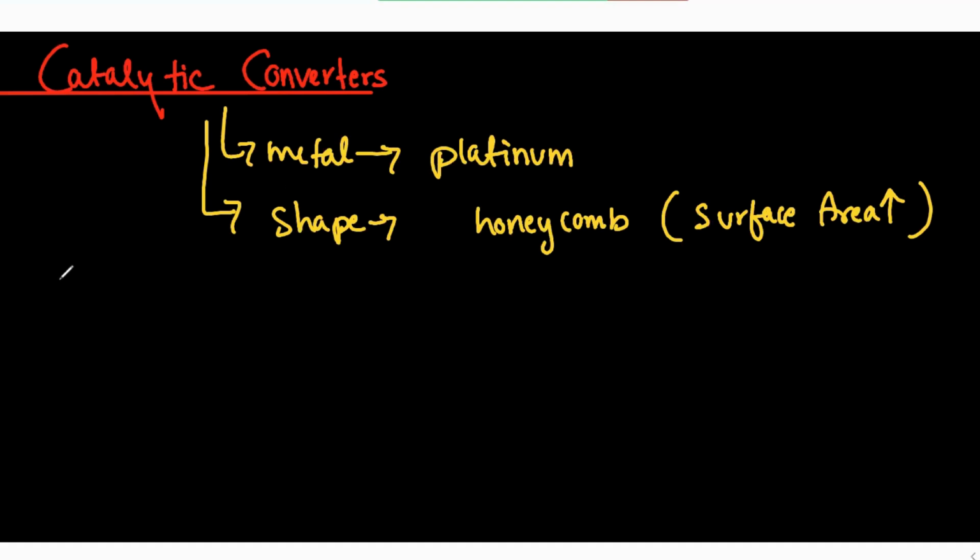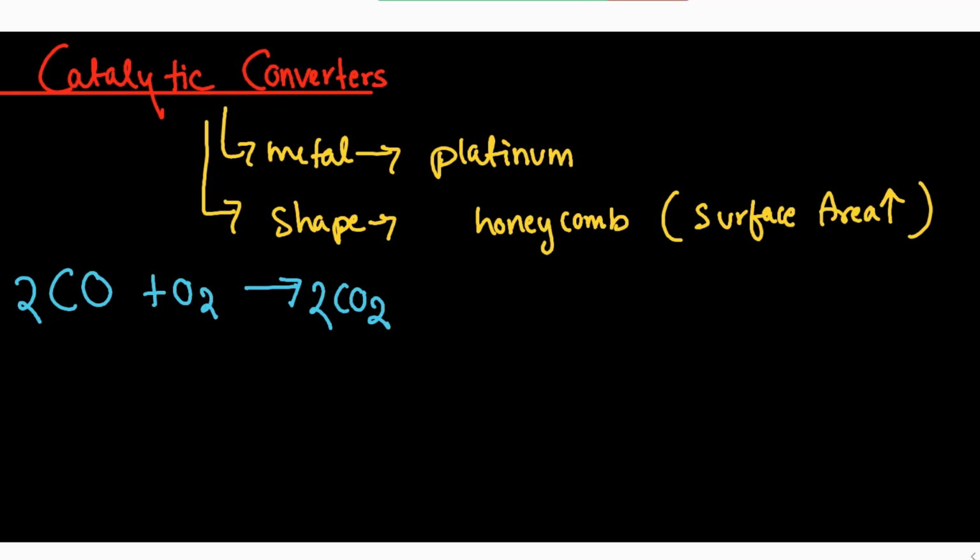So in this case, carbon monoxide has to be converted readily to carbon dioxide gas. CO reacts with oxygen gas in the catalytic converter to form CO2. So a toxic gas becomes a little less toxic.